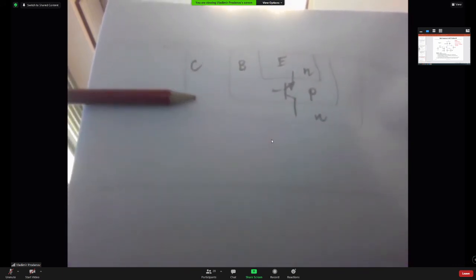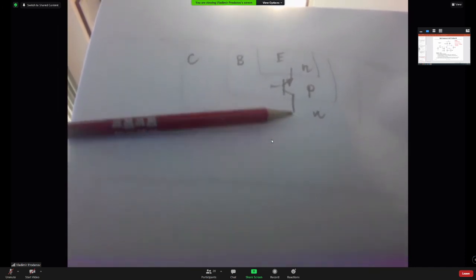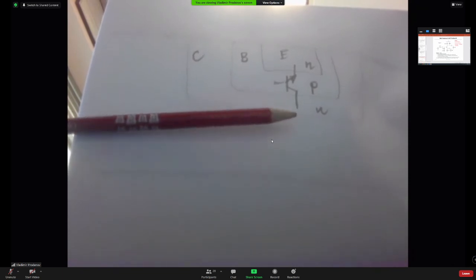Because of that, this large well, reverse biased, has a depletion layer capacitance. So right at your collector terminal, there is a massive capacitance with respect to typically your ground.